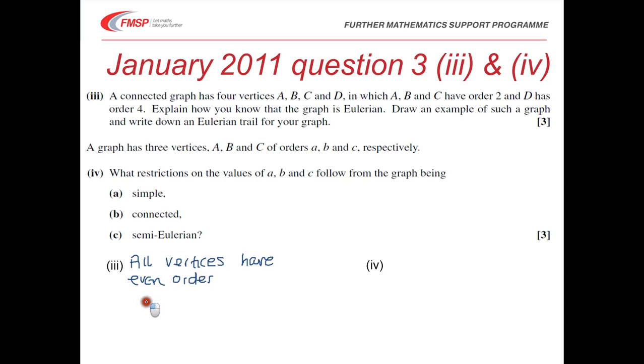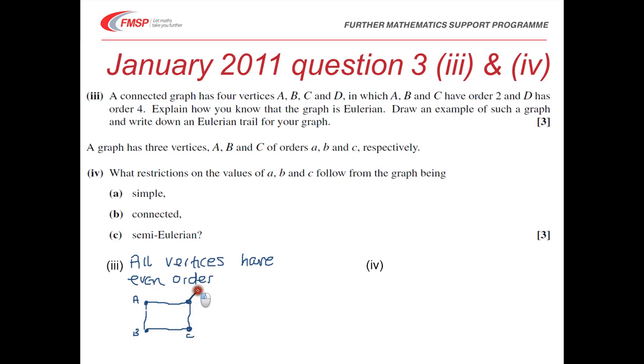So you've got 4 vertices, A, B, C, and D. That's A, and we'll call that one B, and C and D. A, B, and C have order 2, so that's that, and then D has order 4.